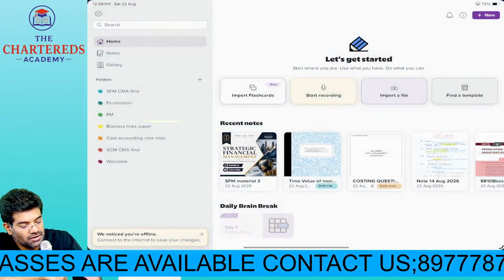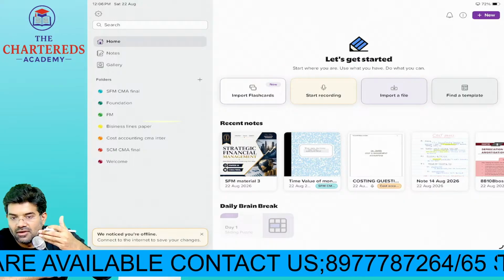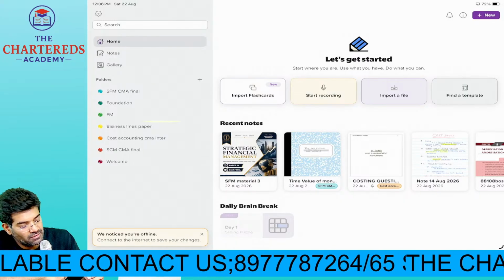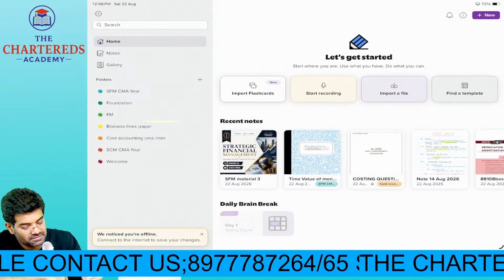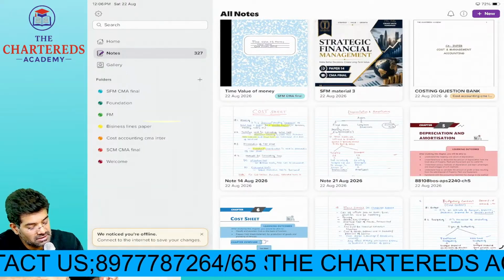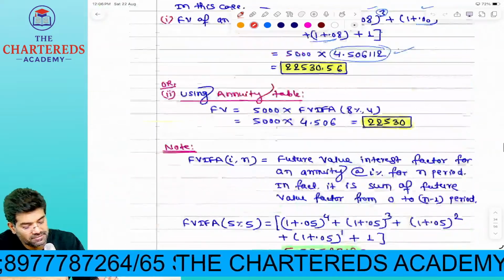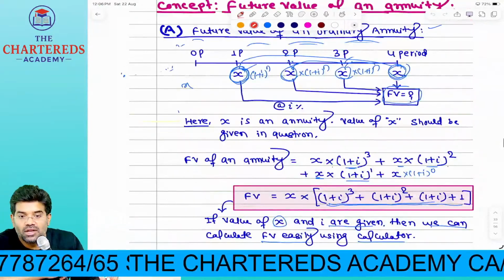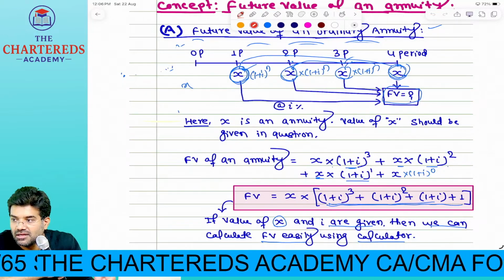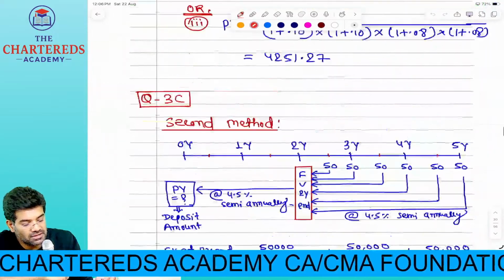Whenever you receive or pay an amount with an equal interval, we call it annuity. Whenever we pay or receive equal payment with an equal interval, then I can call it annuity. Yes.